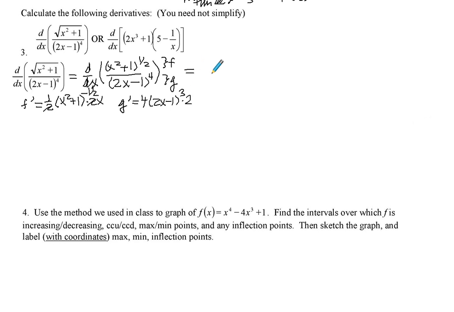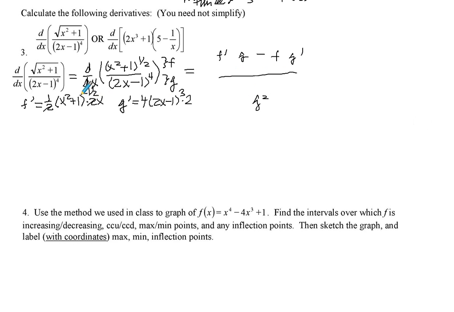So then over here, on the top, we want to do f prime g minus fg prime, and on the bottom g squared. So here's our f prime.